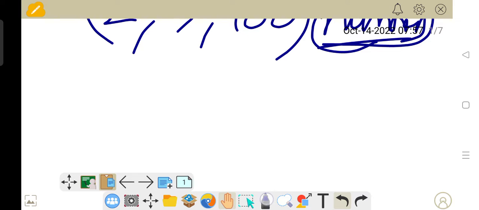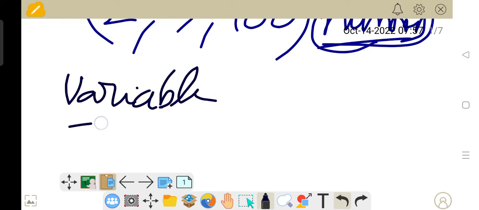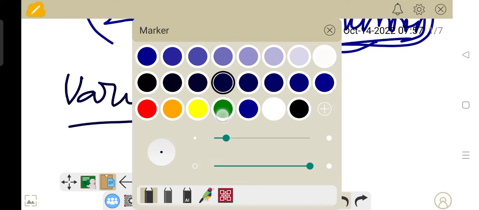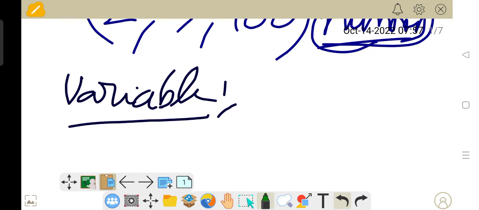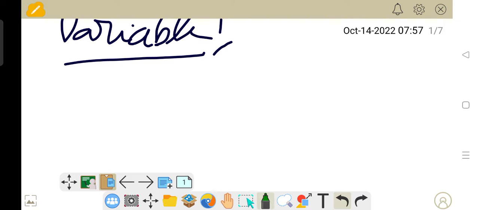Okay, and the second one is we have to know what is a variable. What is a variable? A variable means a symbol which takes various values.